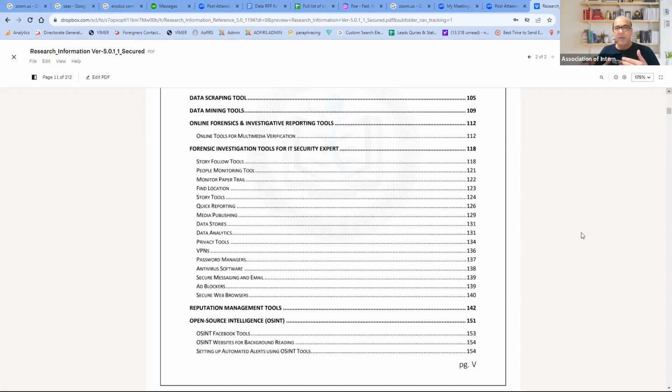Meaning that money does not mean you have to pay for something, but in order for you to make that effort to physically go somewhere, collect that information as the investigators used to do before. They even used to go through the garbage cans to pick up papers, you know. So information is there, it's everywhere, it's floating around. It just depends on how reliable it is and whether or not it's worth your money.